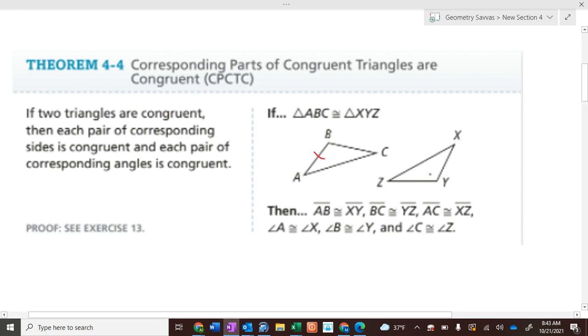So let's say this side we already knew was congruent to this side, and this side we knew was congruent to this side, and this angle is congruent to this angle. Once we prove that those two triangles are congruent, then I can say, well, angle C is congruent to angle Z, angle A is congruent to angle X, and side AC is congruent to side XZ, because once the triangles are congruent, then I can say all the sides and all the angles are congruent.